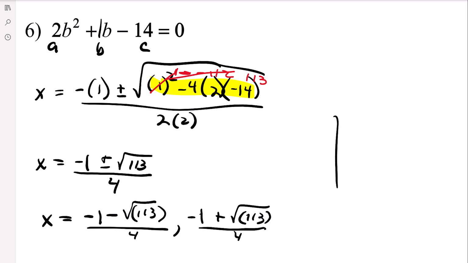And the process is similar. Let's see, they both lead with negative 1. This is going to be pretty negative. This won't be as far negative. And then it touches the y-axis at negative 14.